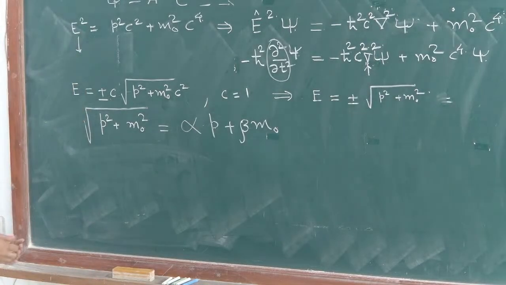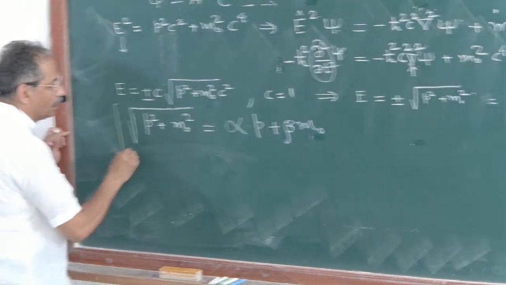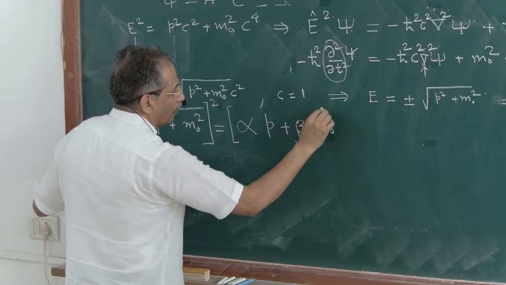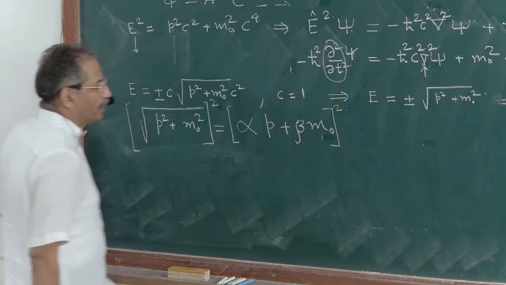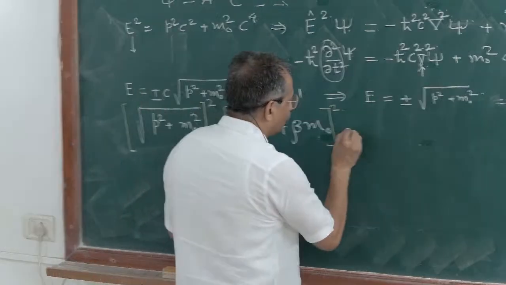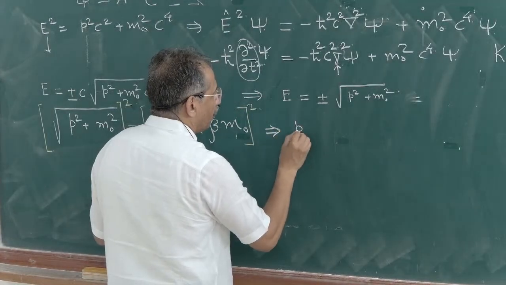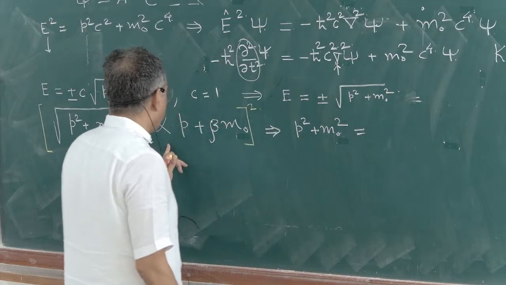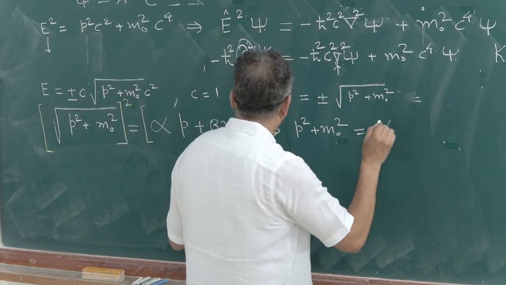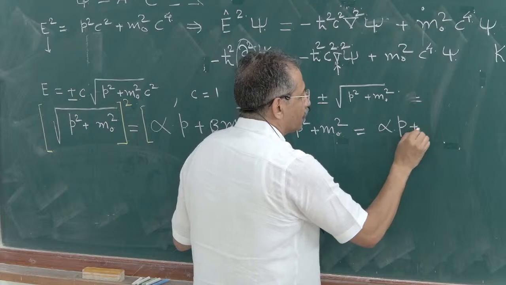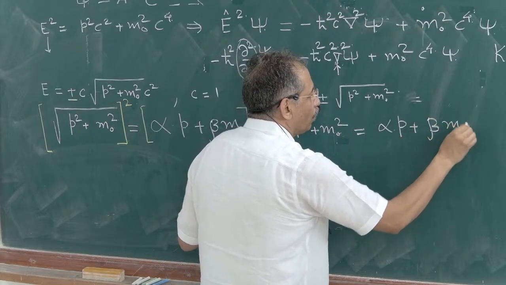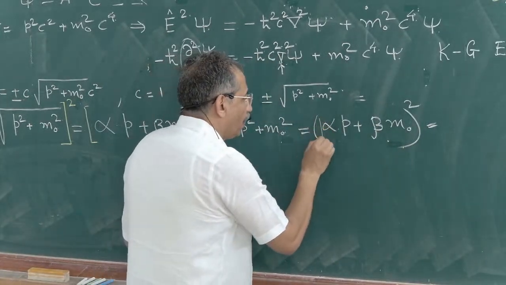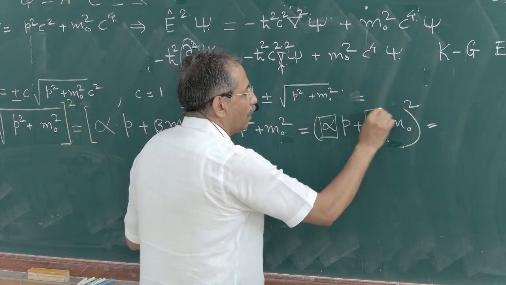Now, if you square this equation on both sides, what will this lead to? Let us rewrite this equation. So this will lead to p square plus m0 square equal to alpha times p plus beta times m0, squared. We do not know what alpha is and what beta is.